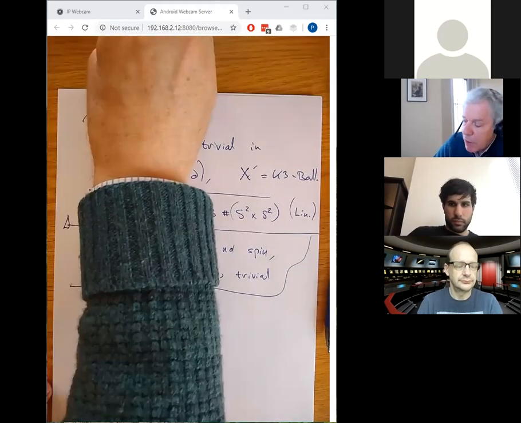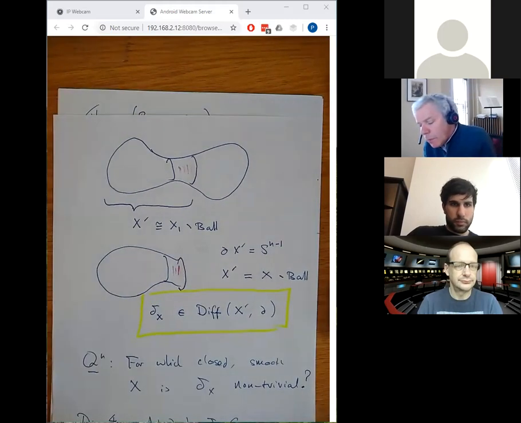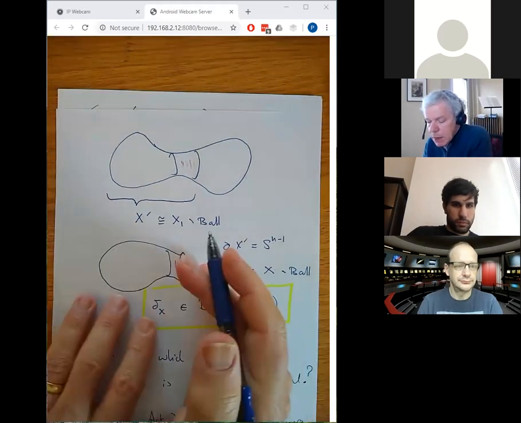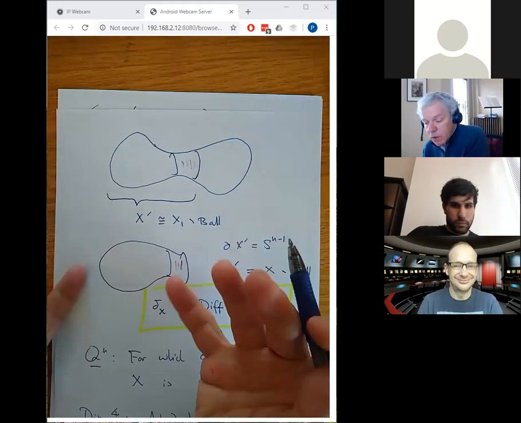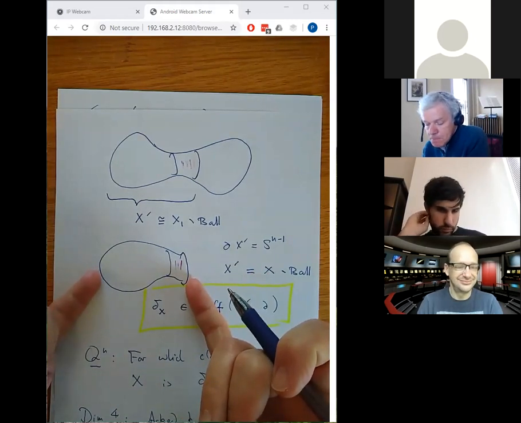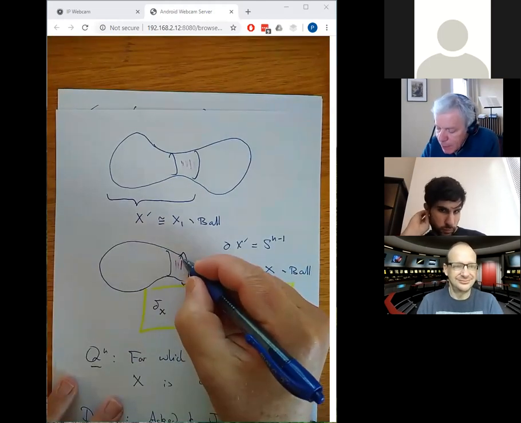If I just bring back the previous bit of paper here, there's the result, which I've just hidden, is a statement about the non-triviality of a self-diffeomorphism of this manifold rel boundary.